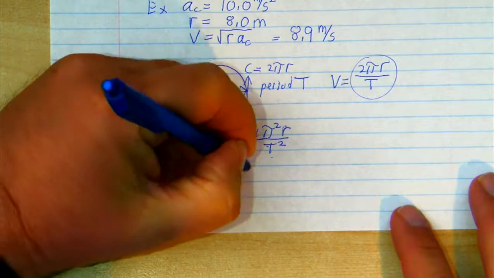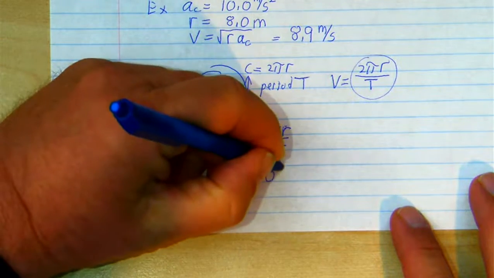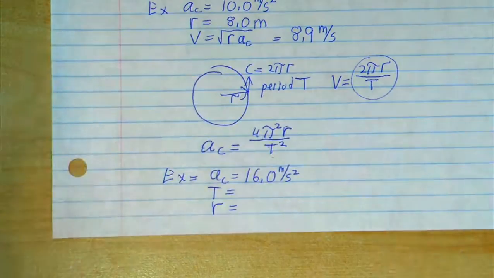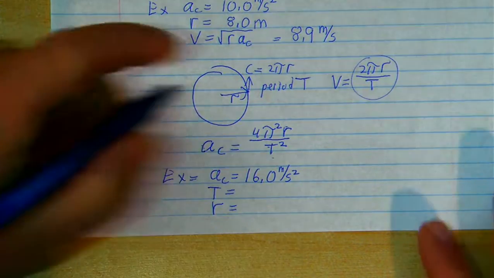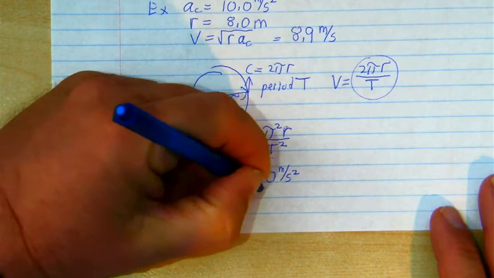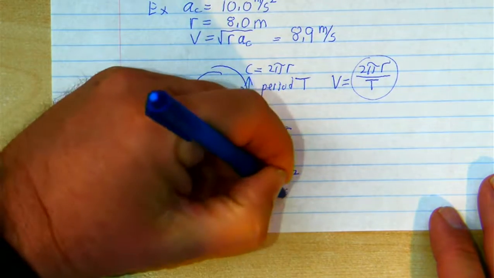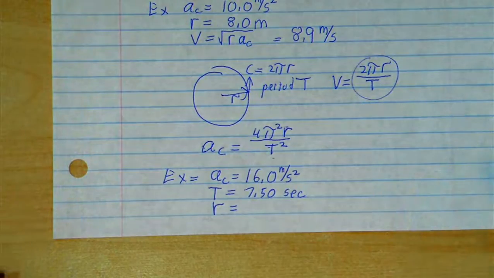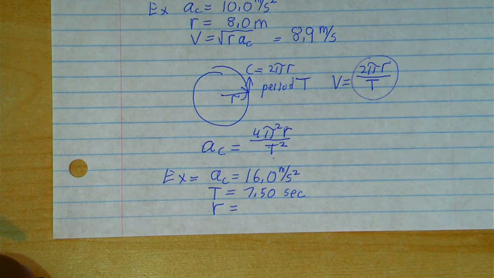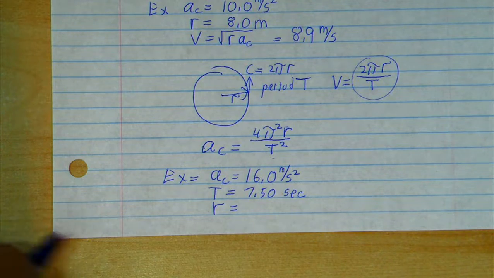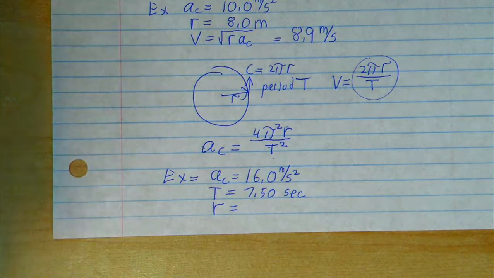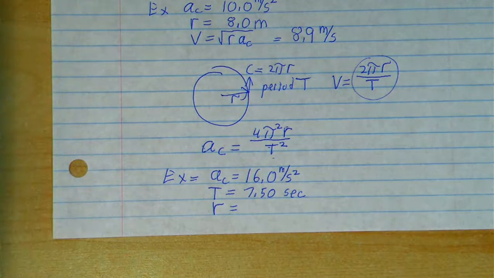Our random acceleration is 16 meters per second squared. Our random period is 7.50 seconds of time. Rearrange and calculate, please, what is the corresponding circular radius.